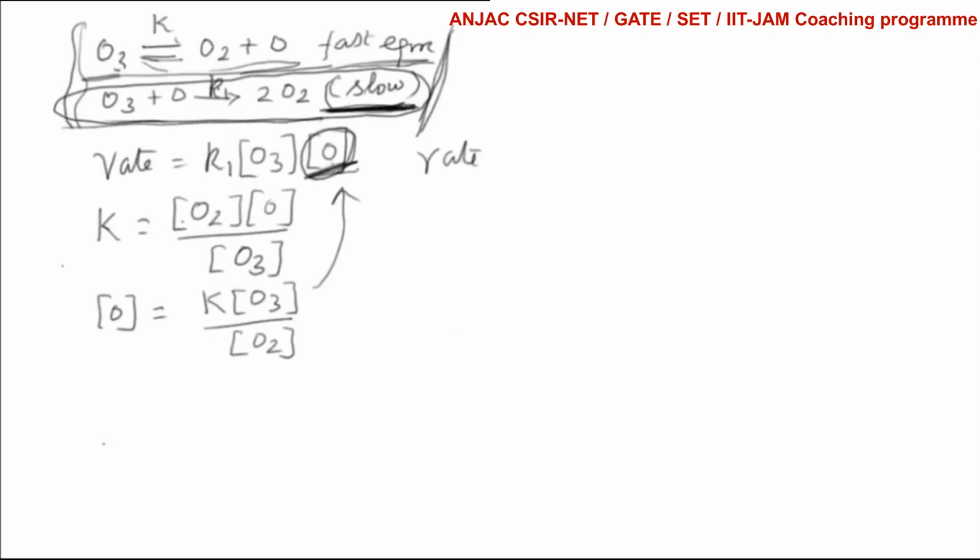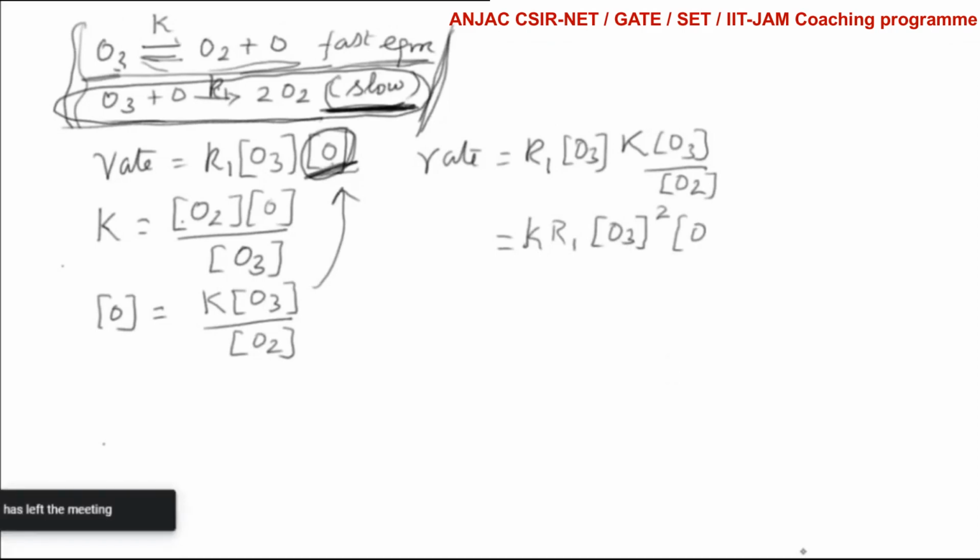Now rate is equal to K1 into O3. In the place of O, you have to write K O3 by O2. So rate is equal to K into K1 into O3 concentration square into O2 concentration power minus 1.